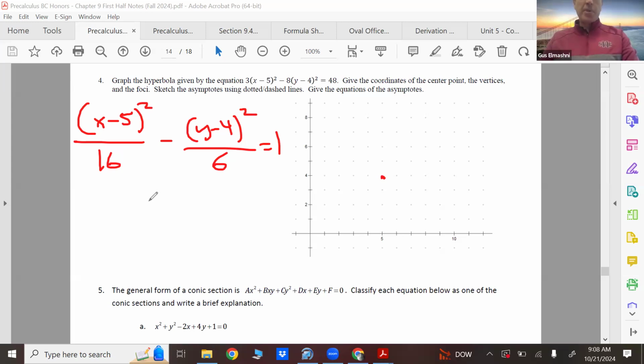So that's root 6, which is like 2 point something. Should we open left and right, guys?